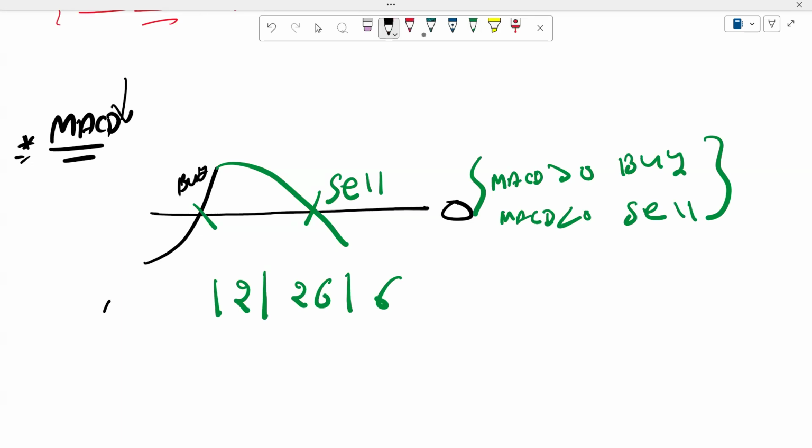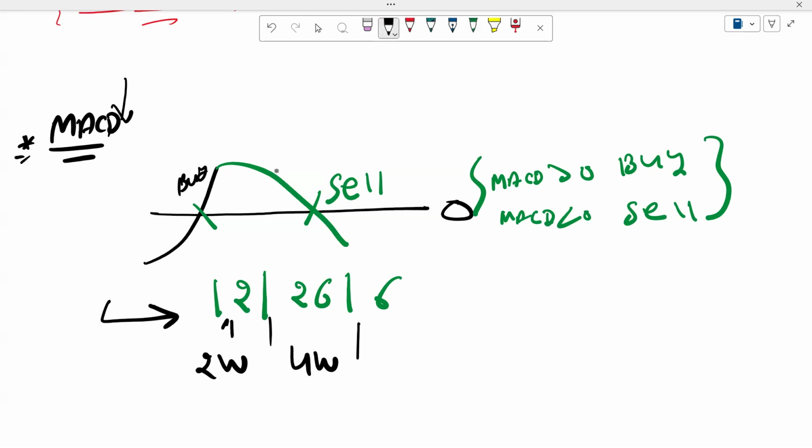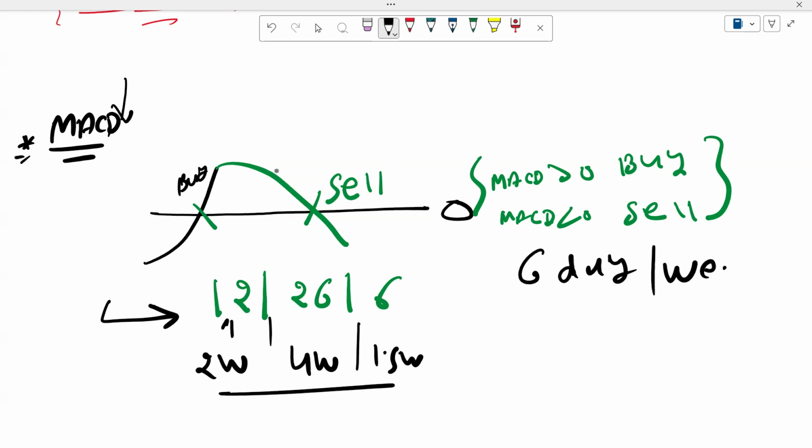Can anybody tell me why he considered this time frame only? This 12 means 2 weeks of data, 26 means 4 weeks of data, and 6 means 1.5 weeks of data, because at that time the market ran 6 days in a week, not 5 days.